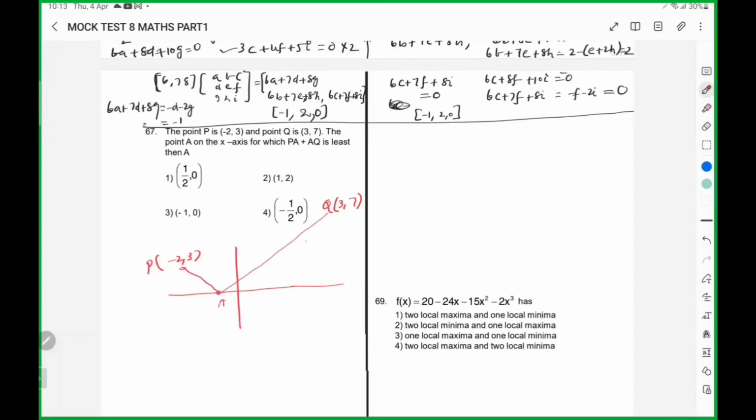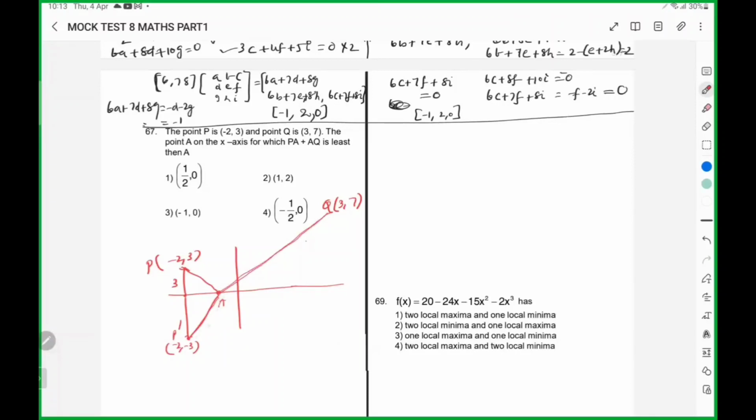So here, if I consider the reflection of P, this point is minus 2 comma minus 3. So the PA distance is the same as P dash A, once you take the reflection.